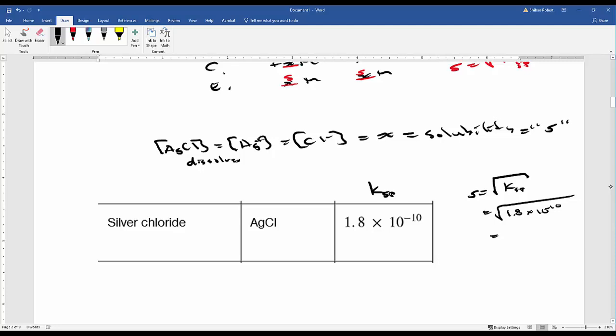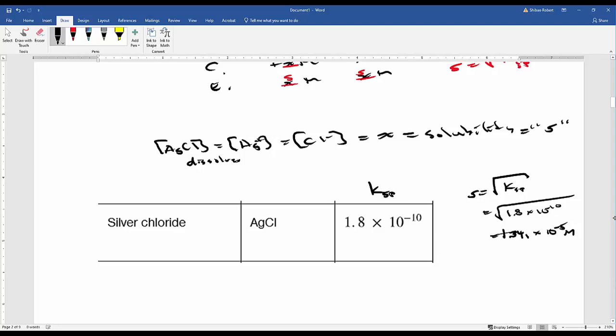And what does that give us here? 1.8 times 10 to the minus 10, square root, gives 1.341 times 10 to the minus 5.